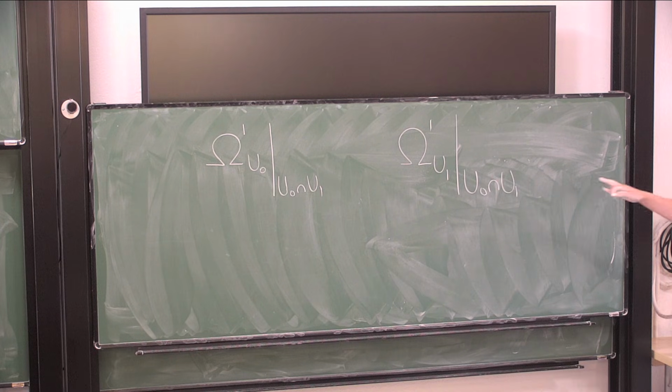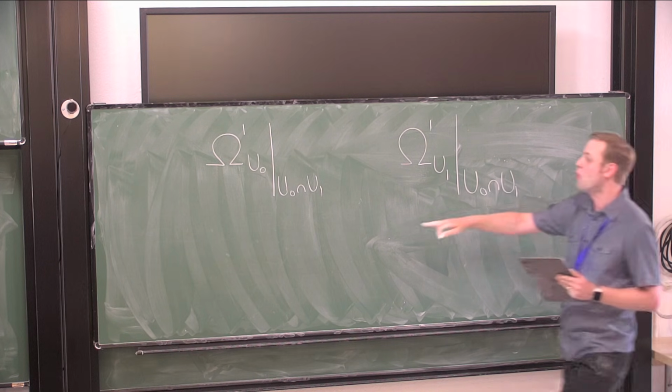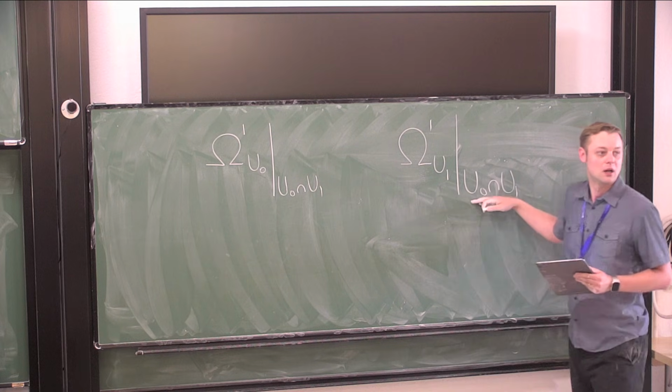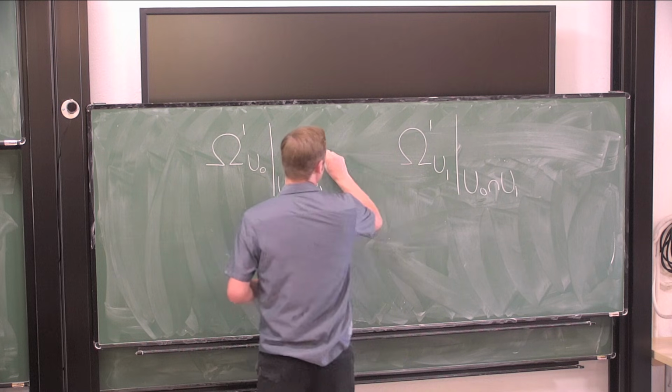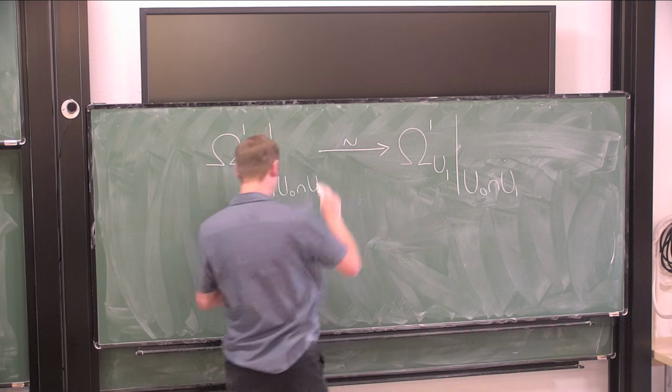Now we have, so to speak, two differently presented line bundles over the same space, which is the double intersection. And so I am going to give you the relationship, which is an isomorphism like this.